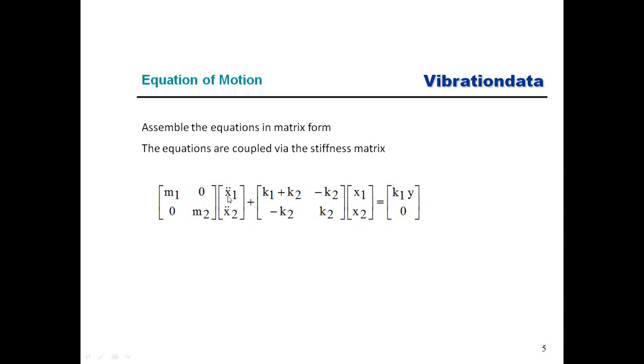Here we have a vector with the absolute accelerations of mass 1 and mass 2. Plus we have this stiffness matrix. Now it's also a symmetric matrix, and in this case though we have a coupling effect because this is a fully populated stiffness matrix. The terms on the off diagonal are non-zero, so we have a system coupled through its stiffness, and actually the coupling is really through spring 2.